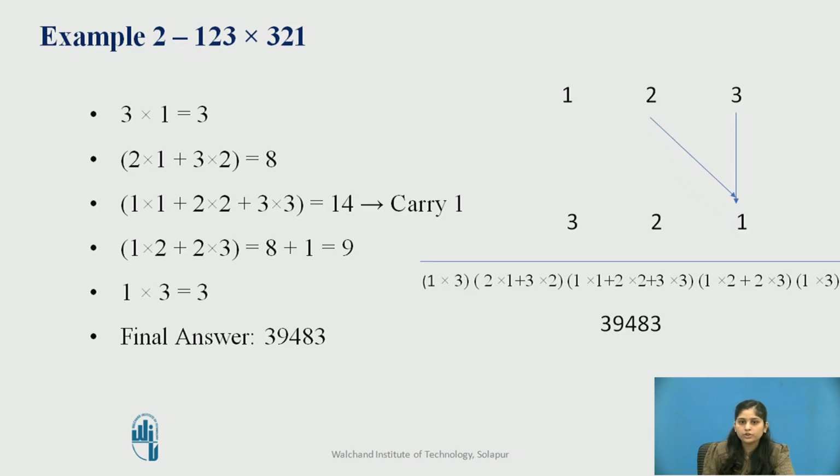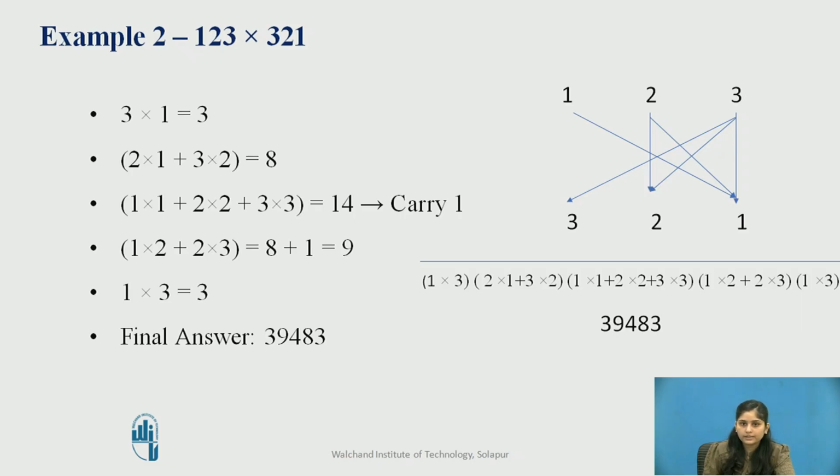That means 2 into 1 is 2 plus 2 into 3 is 6. Then we multiply the whole numbers crosswise and vertically and add: that means 1 into 1, then 2 into 2 is 4, plus 3 into 3, that is 9.